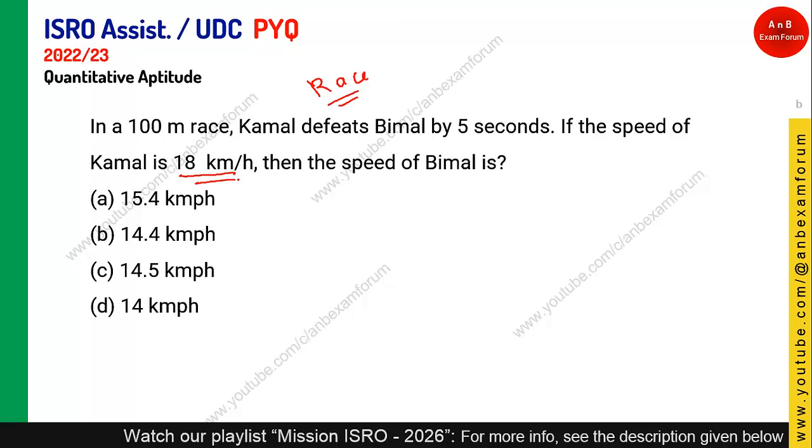Speed is given in kilometer per hour, and here time is given in second, and distance is meters. So you should convert everything into meter. First let's convert this speed into meter per second. As you know, the basic way is to convert by multiplying 5 by 18, so it becomes 5 meter per second.